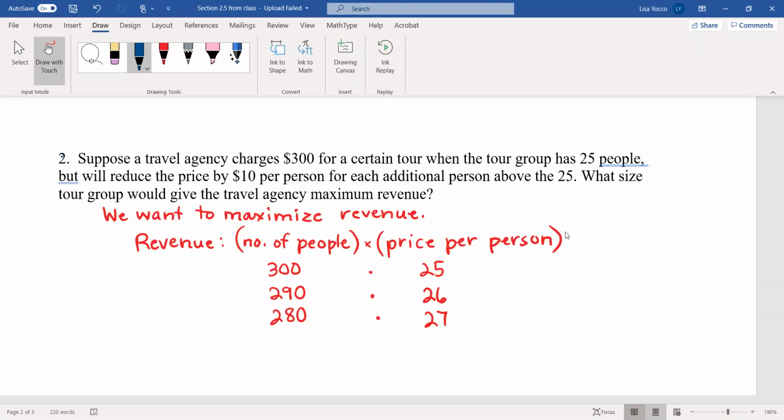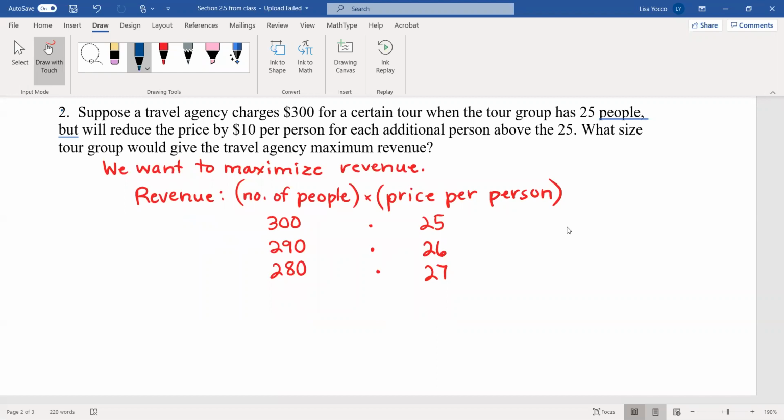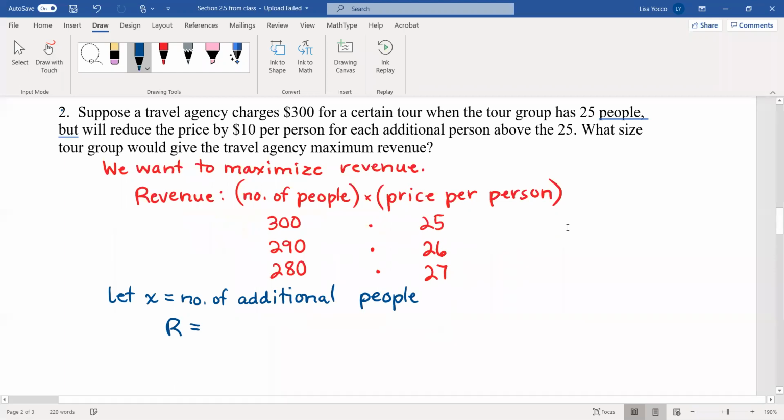But if we look at this from a calculus standpoint and an algebra standpoint, first, we let X equal the number of additional people. Then to get our revenue, so what did we do? Each time we added one person, we subtracted $10 from the 300.